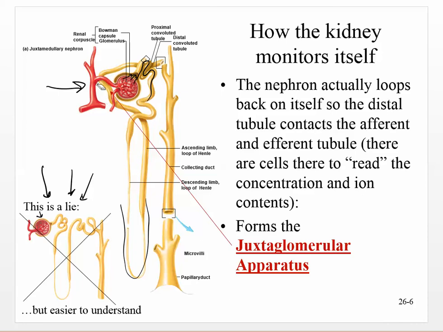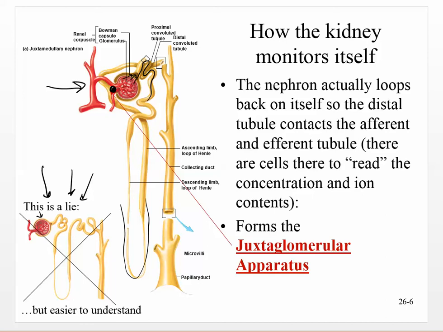What that means is that there are a bunch of cells here called the macula densa, because I guess that's what they look like. So there's this group of cells right there among all of this, and they are monitoring the flow through this distal tubule. They may say, okay, we've got too much sodium, or we don't have enough sodium.